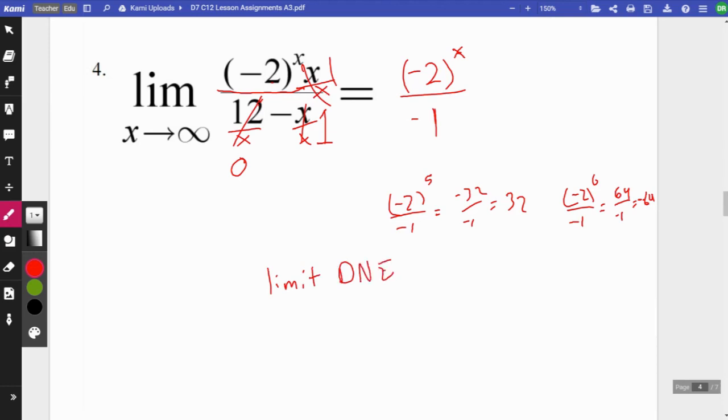If you plug in an even number, you're going to get a positive or negative answer. You plug in an odd number, you're going to get the opposite one. So as we plug in increasingly large numbers, it's really indeterminate. We can't determine if it's going to positive infinity or negative infinity, because it depends on if it's an odd or even number we plug in. So in this case, we'd say the limit does not exist.